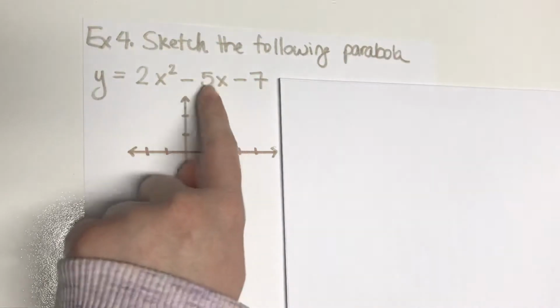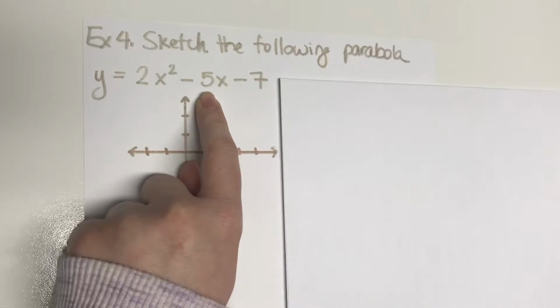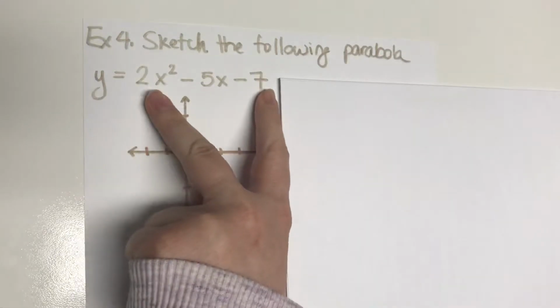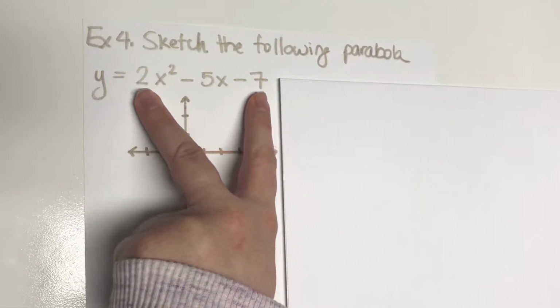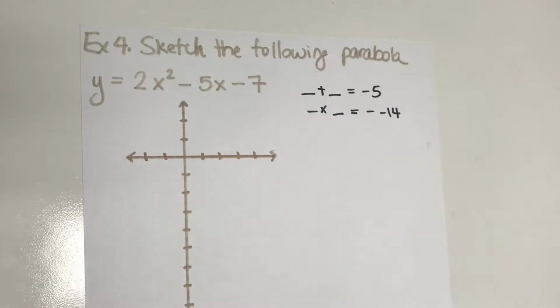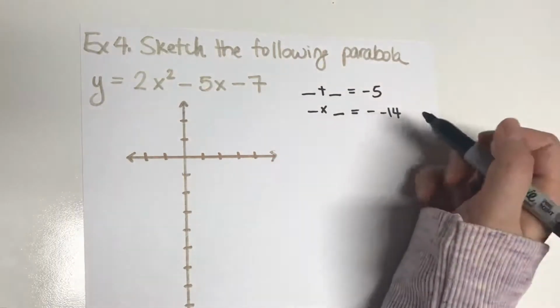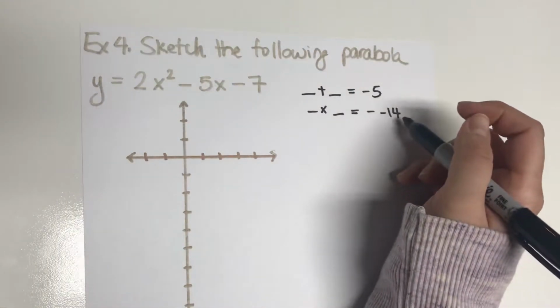In order to factor it, I'm looking for two numbers that add up to make -5, and that same two numbers that I can multiply to give me the product of 2 and -7, which is -14. So I'm going to think about the factors of -14.